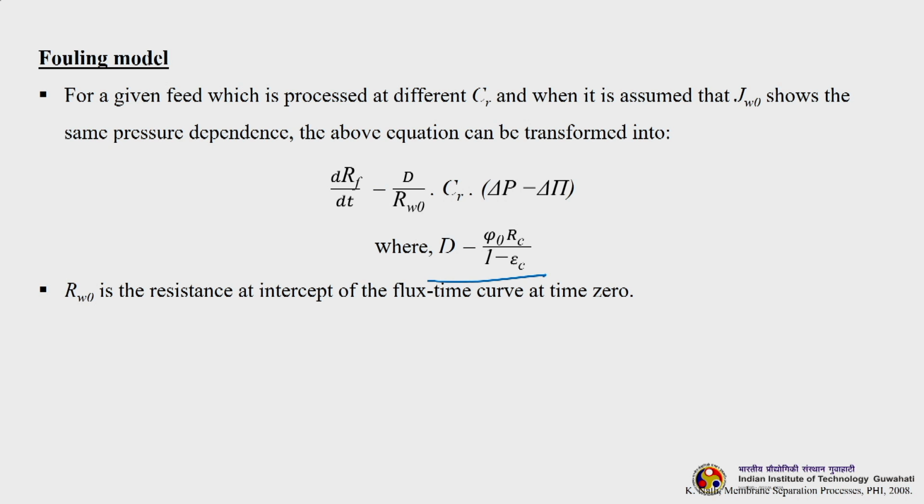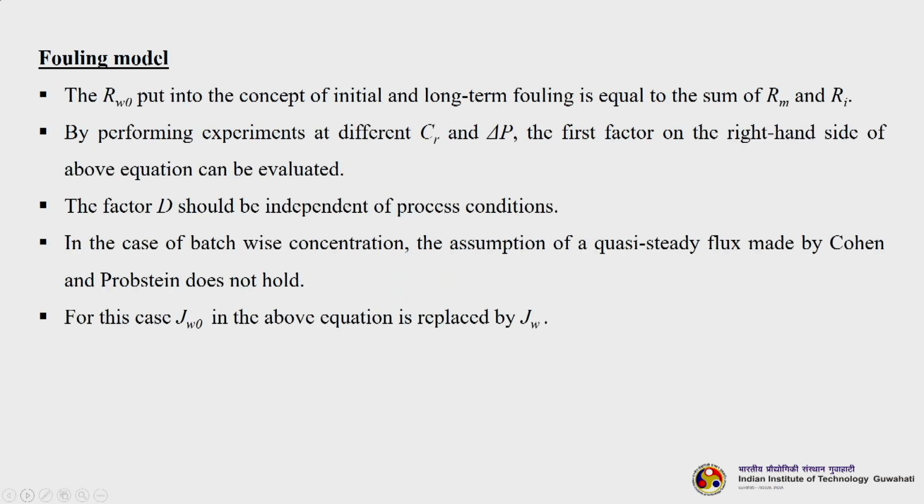So, Rw0 is the resistance at the intercept of the flux time curve at time equals 0. So, the Rw0, put into the concept of initial and long term fouling, is equal to the sum of Rm and Ri. By performing experiments at different Cr and delta p, the first factor on the right hand side of the above equation can be evaluated. The factor D should be independent of the process condition.